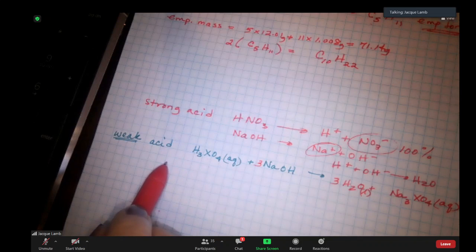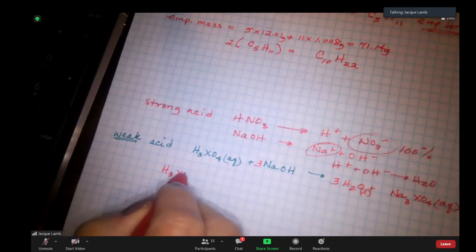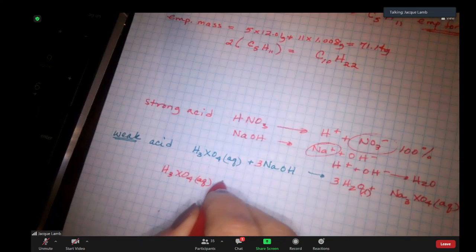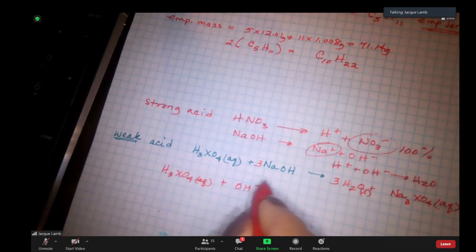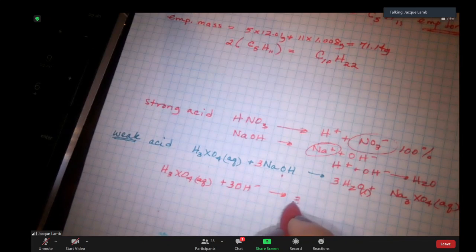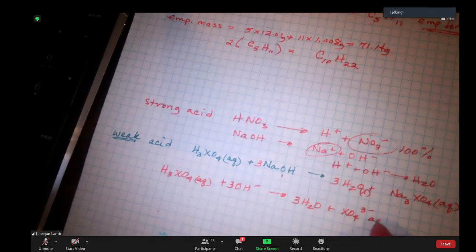When I do the net ionic equation, I have to write the weak acid as an acid, H3XO4, aqueous, because it doesn't dissociate, plus OH minus, because this does dissociate. And I need 3 of those to form 3 waters, plus XO4 3 minus, aqueous. So that is your net ionic equation.